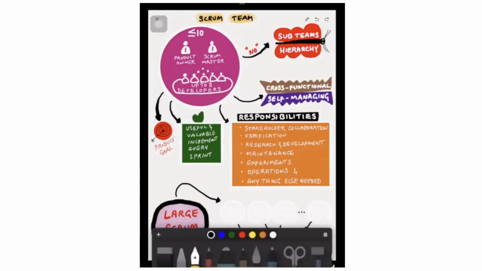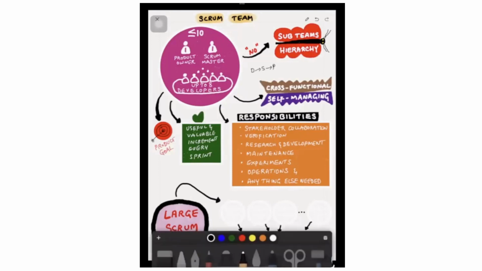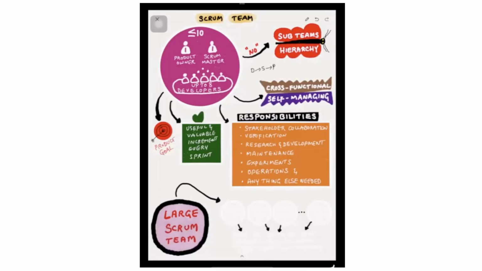Now, coming to the hierarchy, imagine in a company, a Scrum team is formed like this. Developers are going to report to Scrum Master, and Scrum Master is reporting to Product Owner. The obvious problem with this kind of hierarchy within a Scrum team is, in this case, the Product Owner will become boss's boss to the developers.